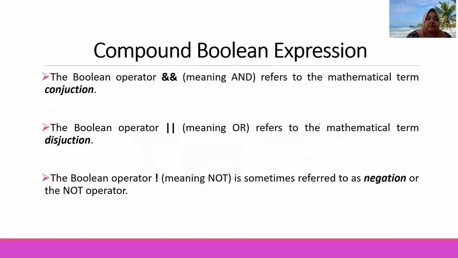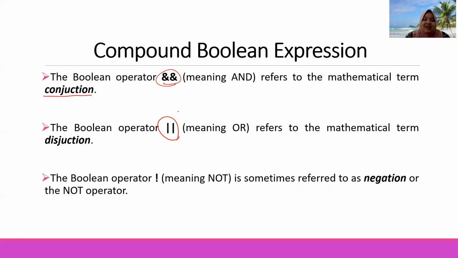Okay. So the Boolean operator and, meaning and, refers to the mathematical term conjunction. Conjunction means berkaitan. You nak gabungkan dua expression berkaitan and. Okay, true and true, what is the answer? Okay, so next we have tiang kubur.